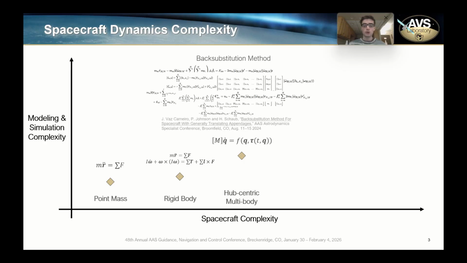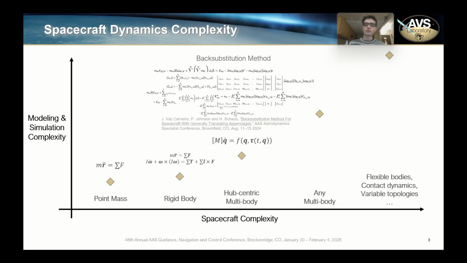And although there are some solutions for these systems, like the back substitution method, the reality is that these don't scale very well. As the complexity evolves, and then you have robotic arms, the model and simulation complexity, that is, the equations of motion, how hard it is to derive them, how hard it is to treat this system, just grows exponentially, and even more when you consider flexible bodies, contact dynamics, variable topologies, etc.